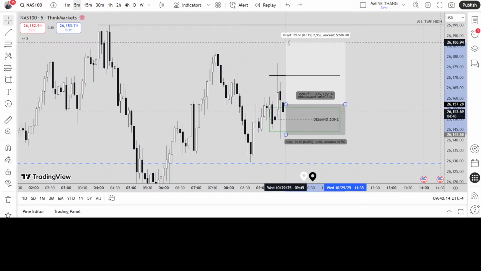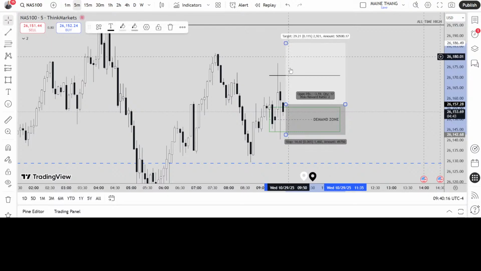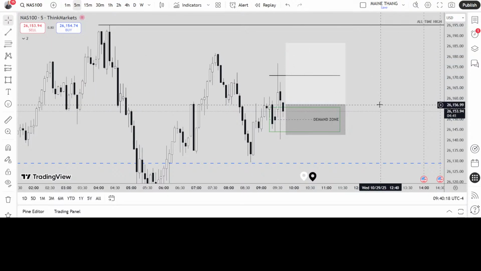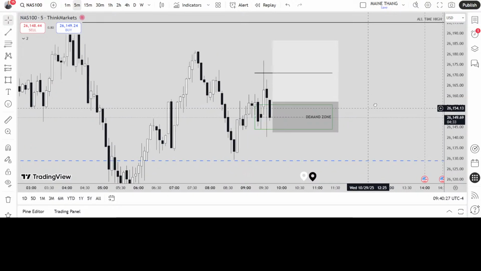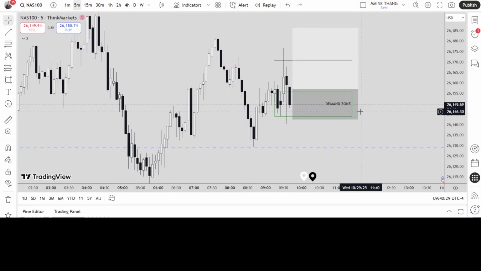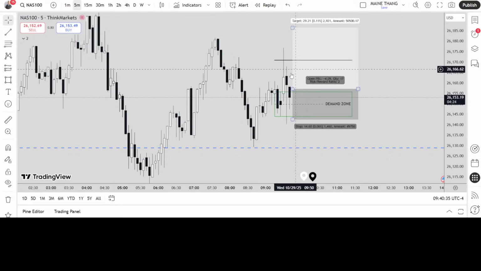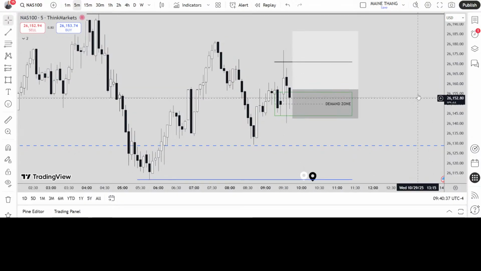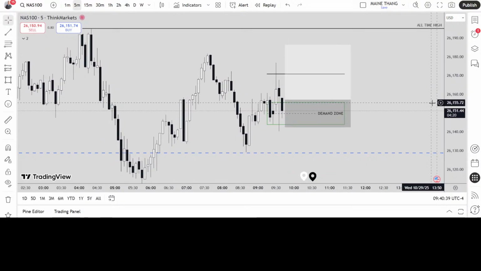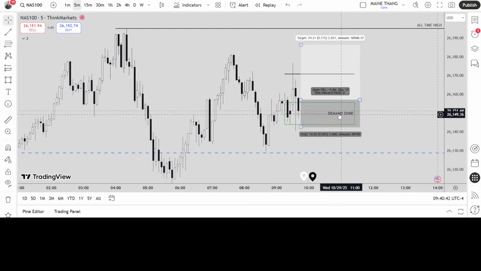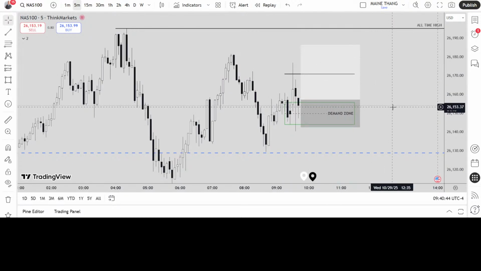And then your 1-to-2 is here. Again, I wouldn't take this because it's minor breaks of structure and we're not getting a white or bullish candle out of the zone. Out of the zone, but near my zone as well.